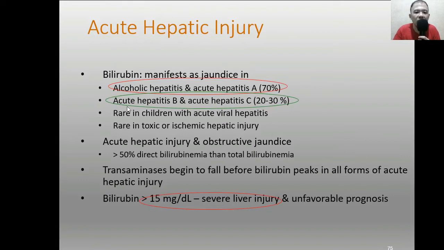So, bilirubin manifests as jaundice in 70% of hepatitis A and alcoholic hepatitis, and only 30% in hepatitis B and hepatitis C. So, these are your main considerations.